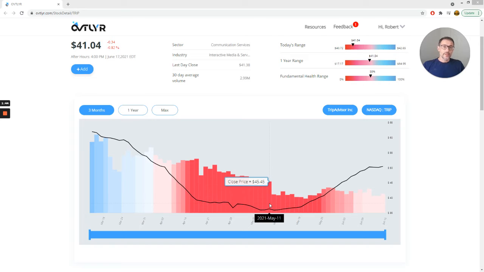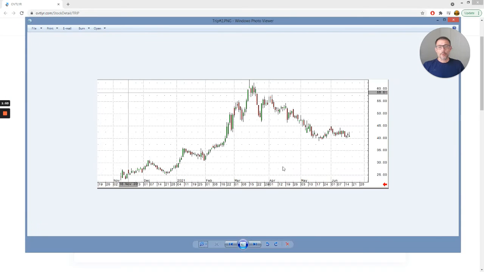But when I looked at the price action in Trip, and I'm going to bring up a daily chart of that right now, there were some things I noticed and talked about in that discussion. In the middle of February, Trip went through this 38 price, I think, and you can see these are daily bars.